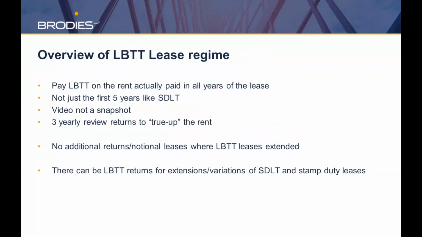So the advantage of the system, once it really gets bedded in, is that you don't have to do additional returns for extensions and variations of leases. But at the moment, because we're in a kind of transitional phase, we've still got SDLT leases around, and there can be LBTT returns for extensions or variations of them.